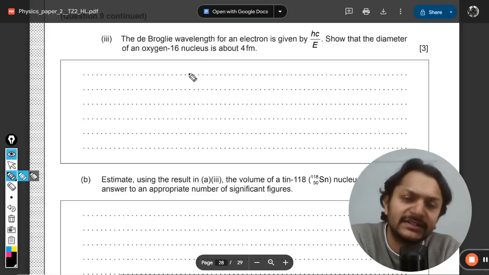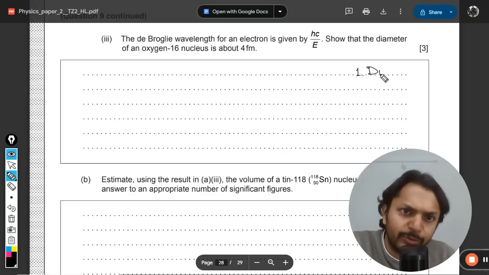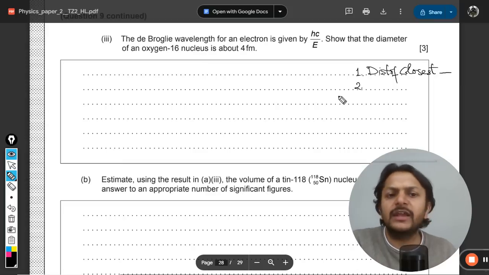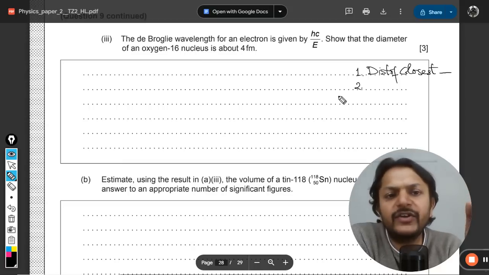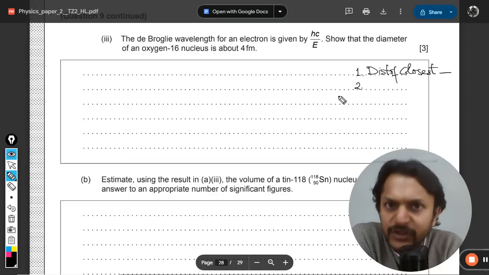We did three things in that. Point number one, distance of closest approach, which was done in regards to Rutherford's theory, and from there we estimated the size of the nucleus.